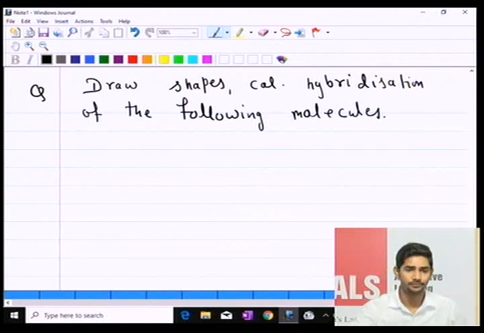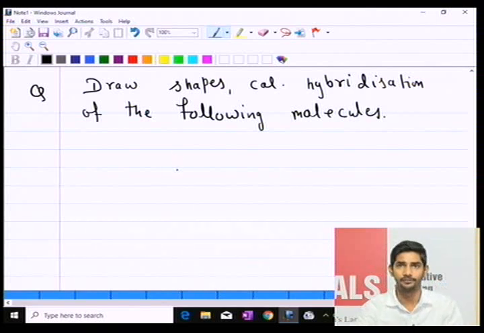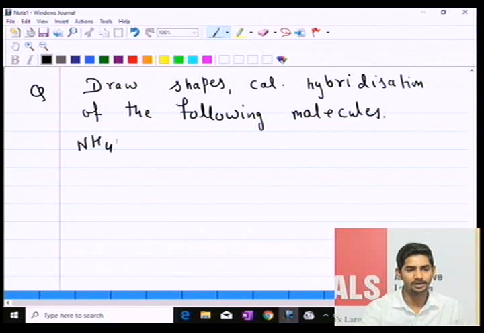And guys, after attempting these questions, you have to just tell me that you have attempted all the questions. After that, I'll start solving them. Okay. You can start, guys.